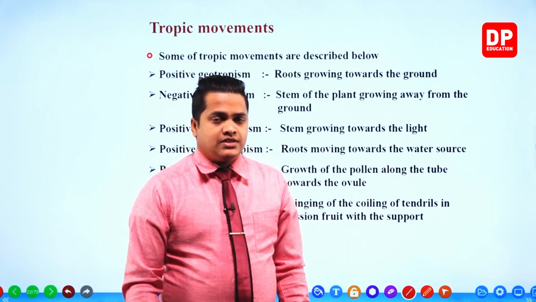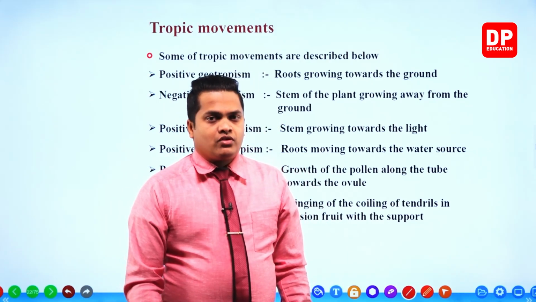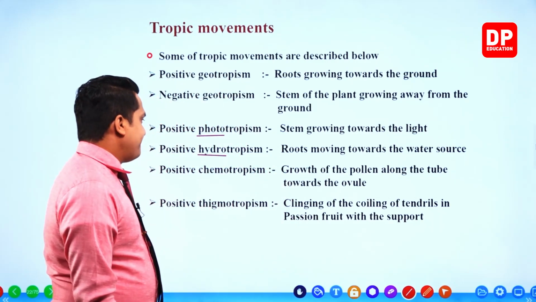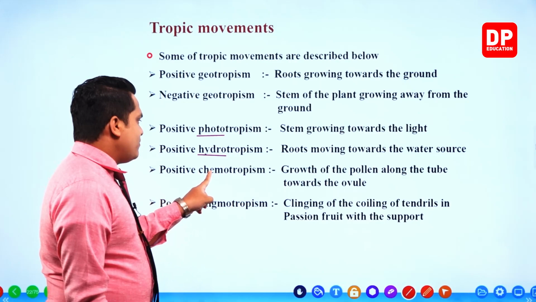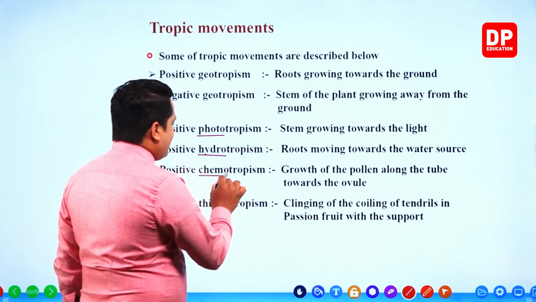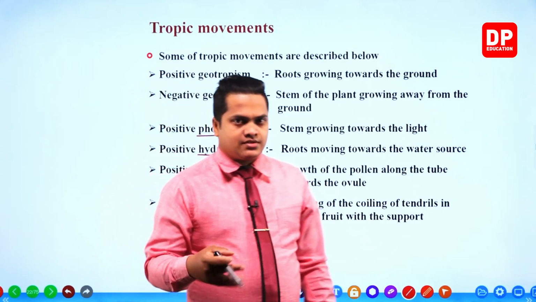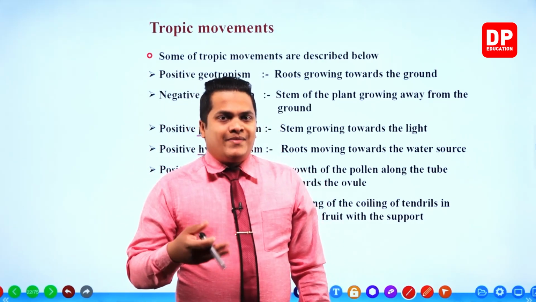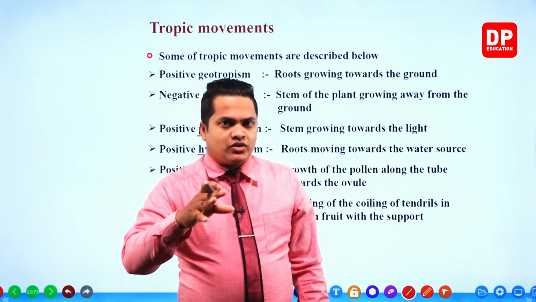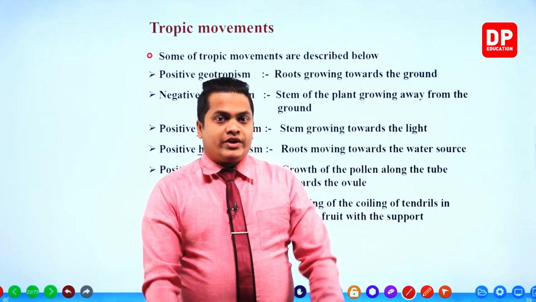Then the next one, positive chemotropism. Here chemo means chemical substances. To the direction of several chemical substances, the growth or movement is going to happen.